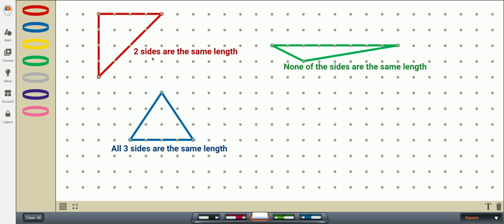It has two sides that are the same length. This triangle here, all three sides are the same length. And this triangle has no sides that are the same length as the other sides. So it can have no sides the same, two sides the same, or all three sides the same length.